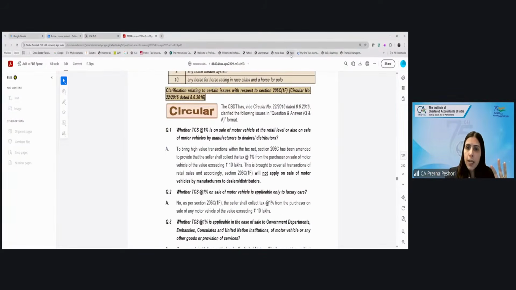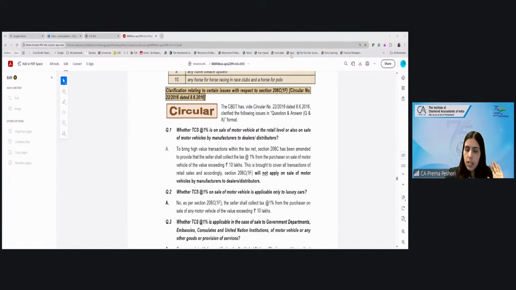For sale of motor vehicle, it will not apply to the sale by the manufacturer to the dealers. It will only apply to the sale to the customer. And this is applicable in case of all the assessees.